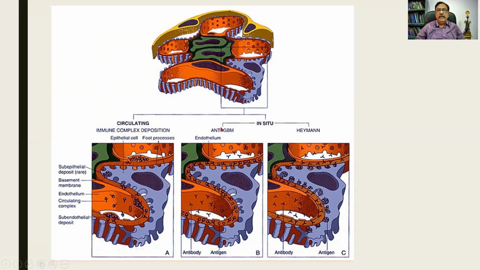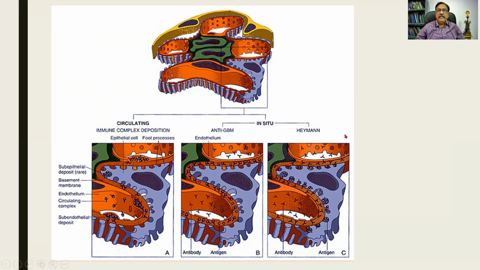And on another, there can be anti-glomerular basement membrane antibody. So the antigens are all linearly located along the basement membrane, and these are the antibodies which get attached to it, and I find a linear deposit. It is an anti-glomerular basement membrane antibody.